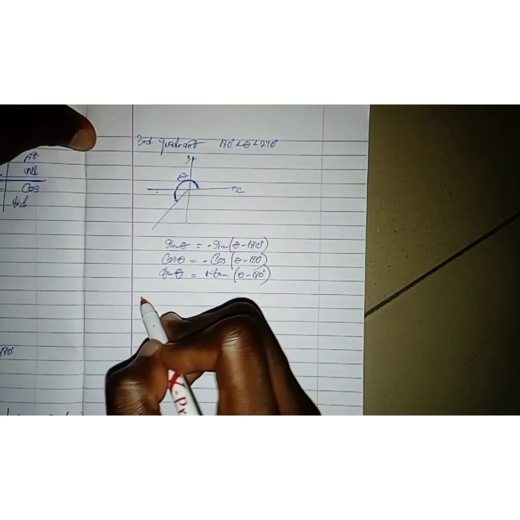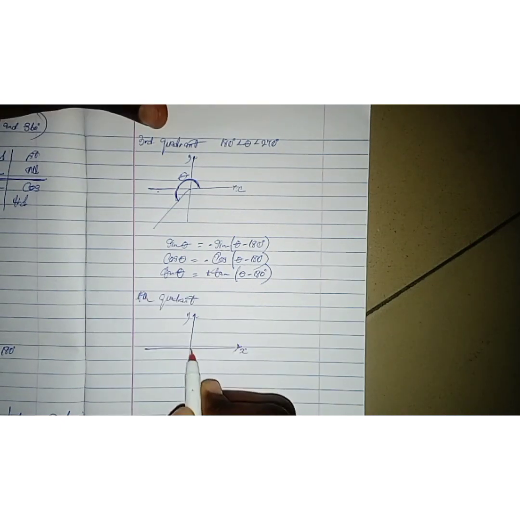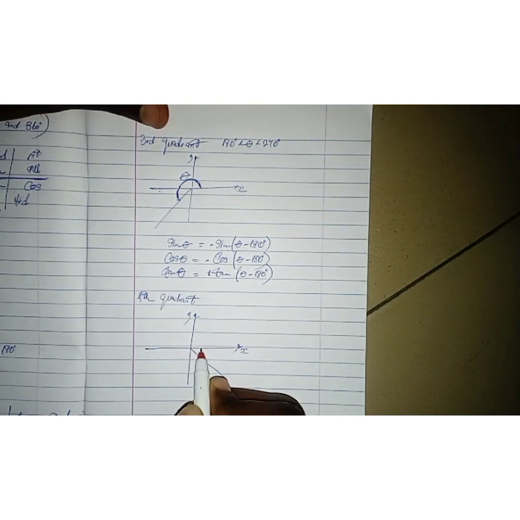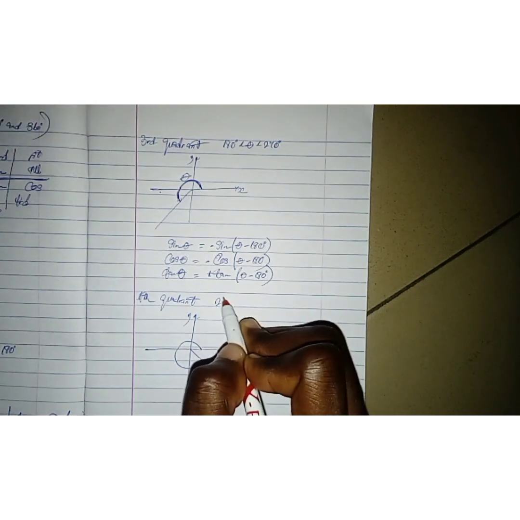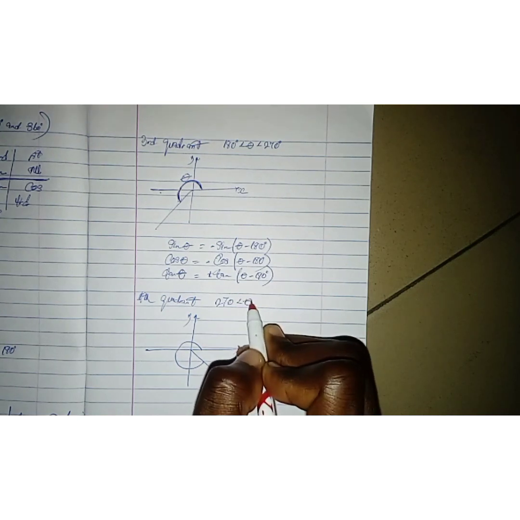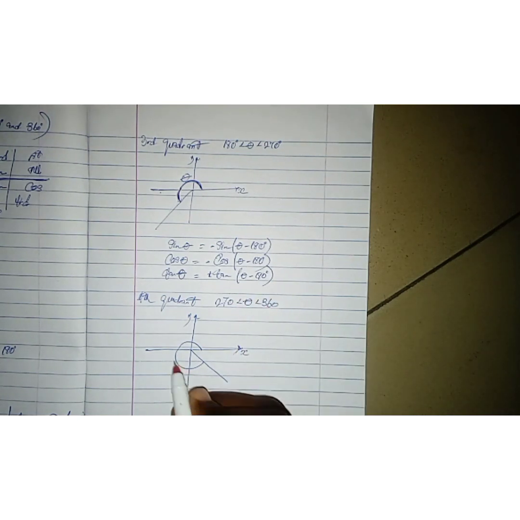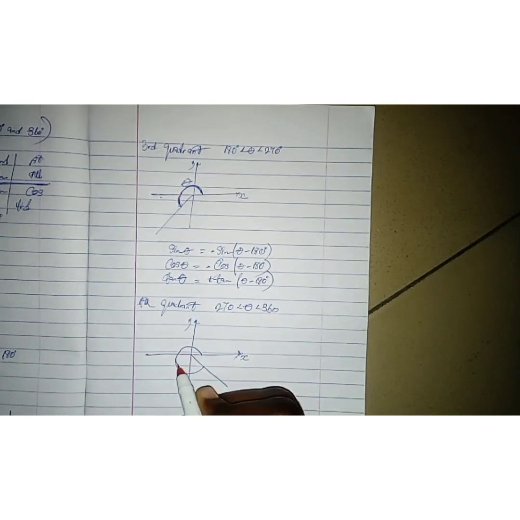Now for the fourth quadrant, and this is the fourth quadrant. So when theta is greater than 270 but less than 360, which is 270 is less than theta and theta is less than 360. This is theta. The whole of this is theta for the fourth quadrant.